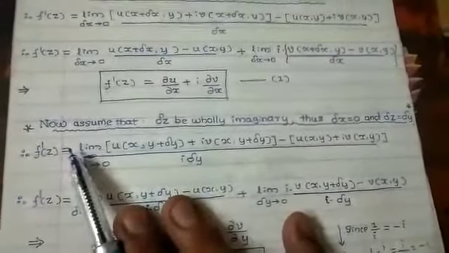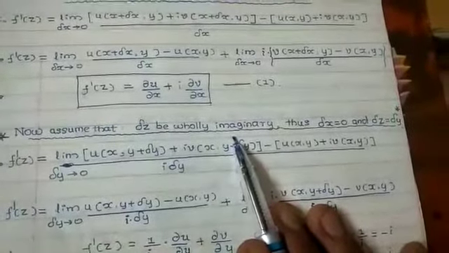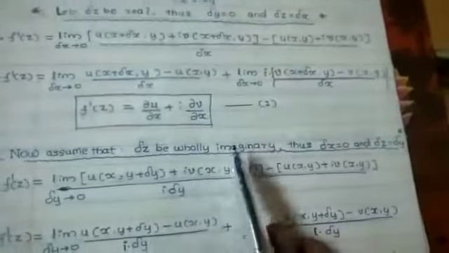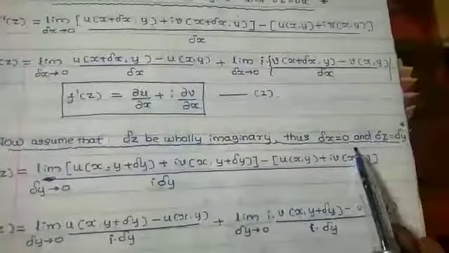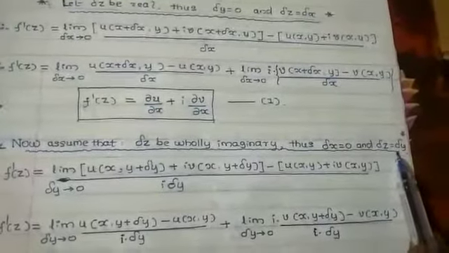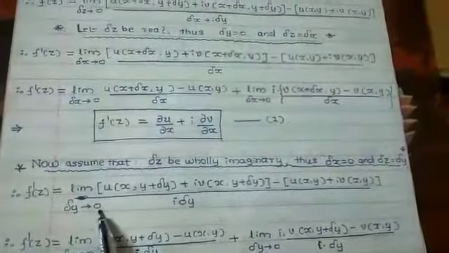In case 2, let delta z be imaginary. First we considered it real, so the imaginary part was 0. Here we consider it imaginary, so the real part should be 0. Delta x equals 0 and delta z is imaginary, delta y, so delta y tends to 0.